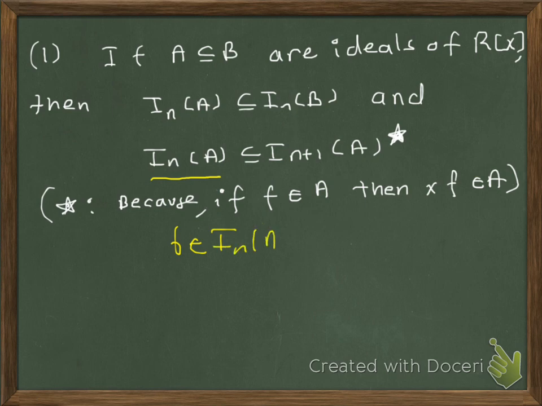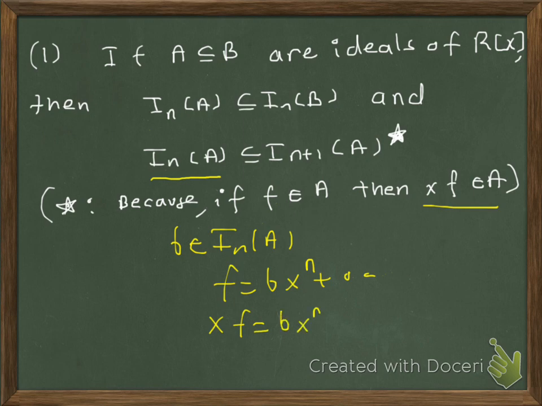Then there's a polynomial f with b as its leading coefficient. And if you multiply it by x, you get an element of A still, because A is an ideal. But this time b shows up as the leading coefficient of an (n+1)th degree polynomial, which means b belongs to I_{n+1} of A.